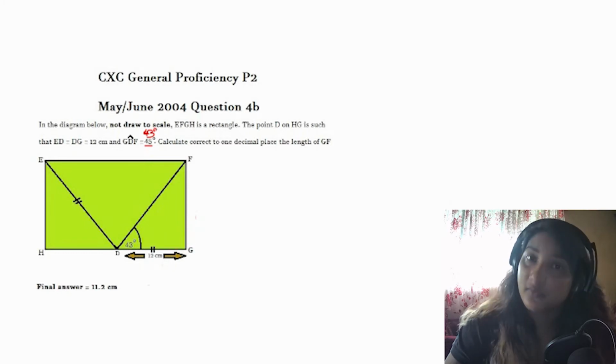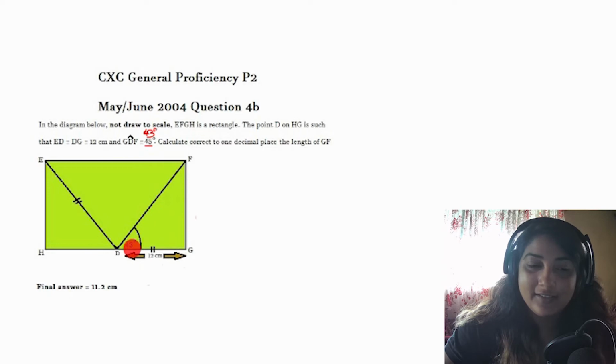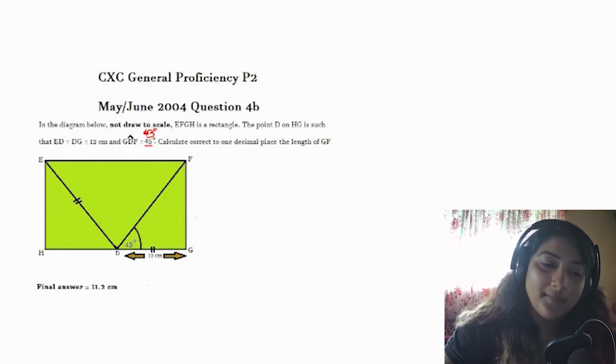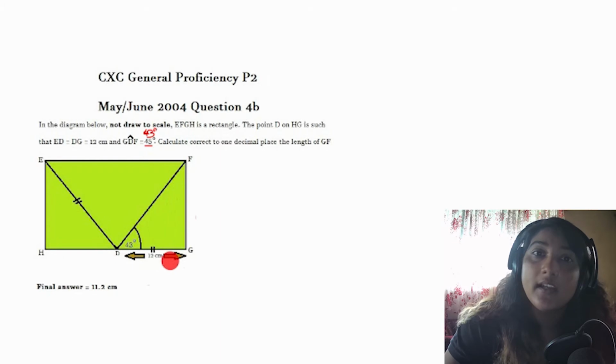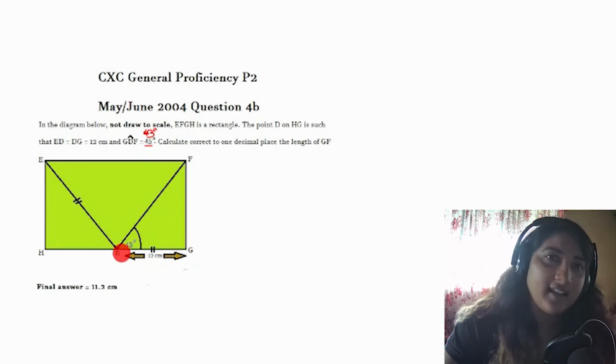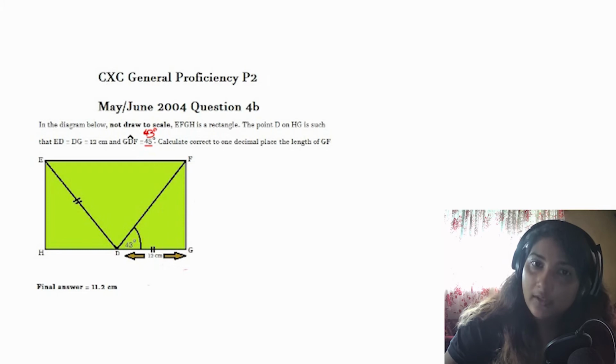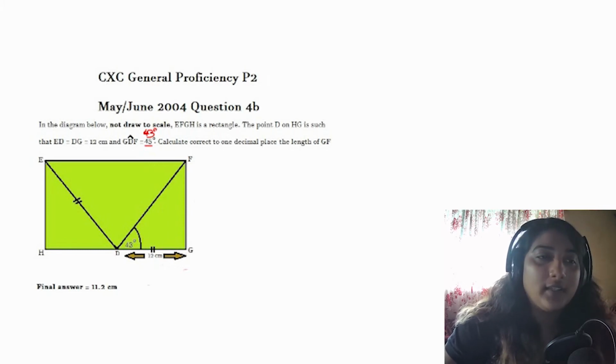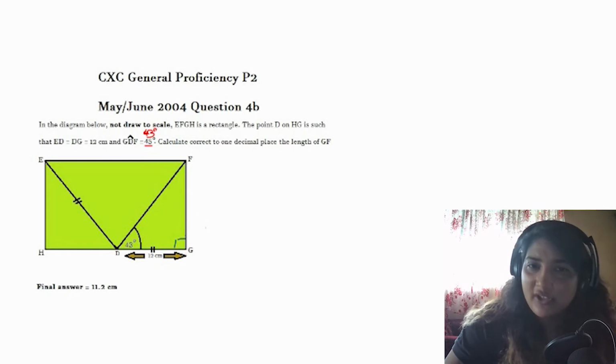Can you think of one property that's going to help us at least establish that this is a right-angled triangle formed over here, DGF? First of all, we should be able to recall that a rectangle consists of four right angles. And we can see that a right angle forms. Now, if we have a right angle at DGF, we have ourselves a right angle triangle, and this means we can use our trigonometric ratios.